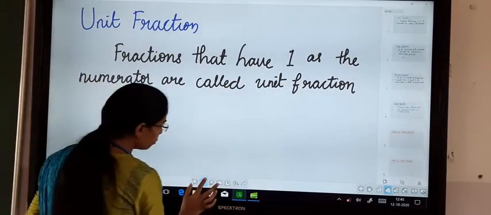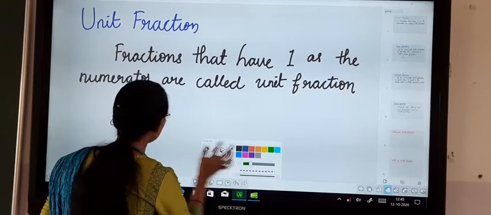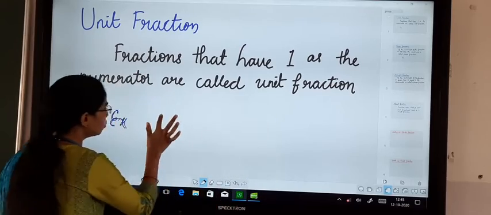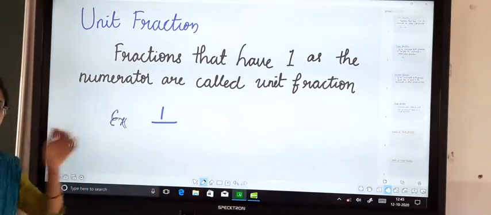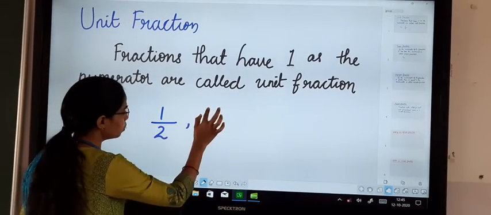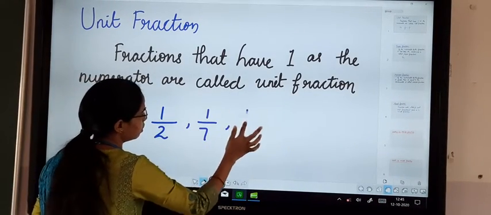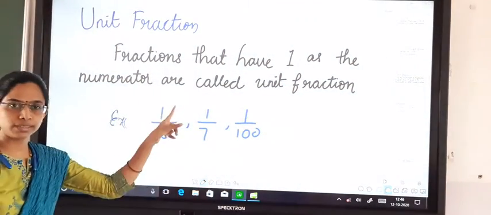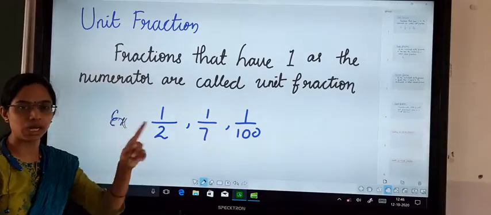Example. So what do you mean by fractions with numerator 1? We have seen that the numerator will be on the top, the denominator will be down, isn't it? So whenever you have a fraction 1 by 2, 1 by 7, 1 by 100, whatever be the denominator, the numerator has to be 1.